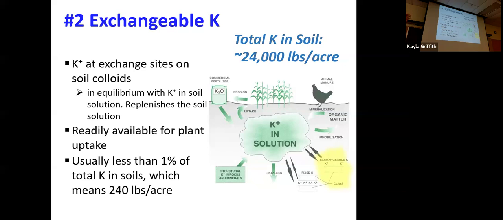So there are not huge fluxes back and forth between the pool of water and the pool of the solid unless acted on by something else. So there's an equilibrium going on, and this is readily available for plants. And important also, we're still looking at less than 1% of the total K in soils. Most of this is bound up in the minerals one way or another.